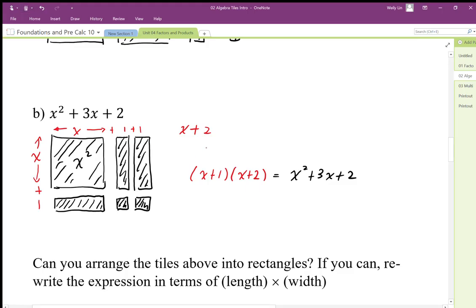This is my length times width, and that must equal my area. Remember we defined these tiles, x squared, 3x, and 2, as the area pieces. So there it is. We are able to arrange these tiles in rectangles. And since we can arrange them in rectangles, that means this area or shape is factorable.